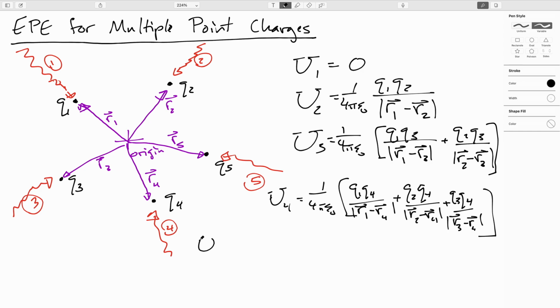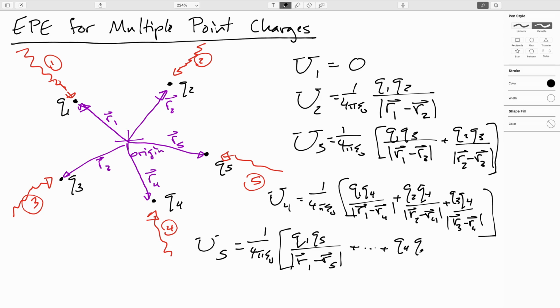Then finally U5. That would be 1 over 4 pi epsilon naught, and I won't write the whole thing, but Q1, Q5 over R1 minus R5, take the magnitude, plus and such until we end up with Q4, Q5 over R4 minus R5. Okay, that looks like a mess.